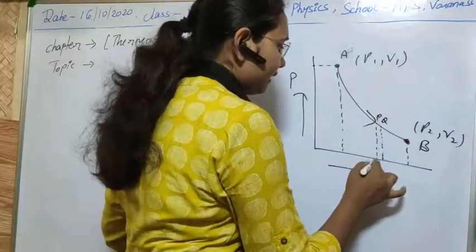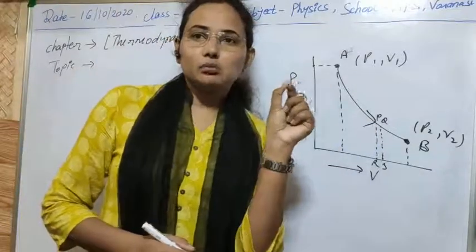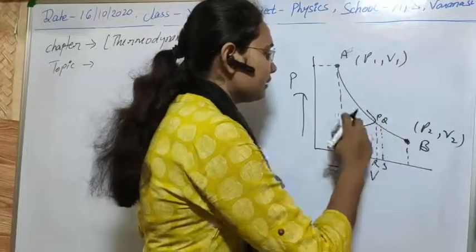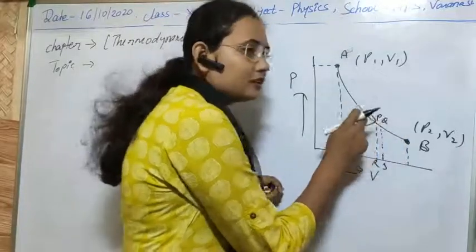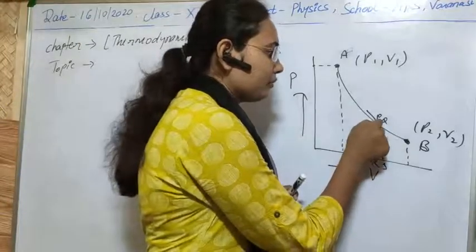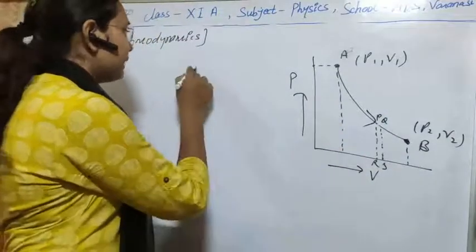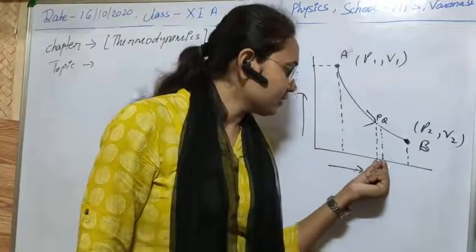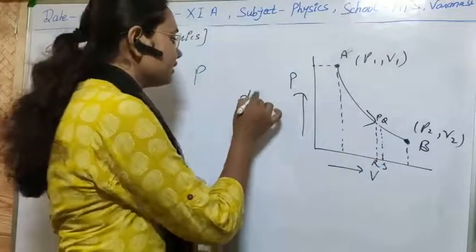This is P, Q, R, S. If we divide it into infinitely small strips, then as we are seeing, suppose the change in pressure vertically is P, and since it is infinitely small, we can say that the change in pressure from P to Q is negligible. So in this case the pressure will be P. And suppose going from R to S along the volume axis, the change in volume is very small, that is dV.